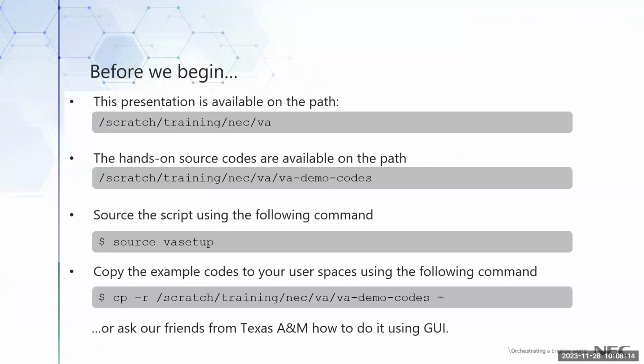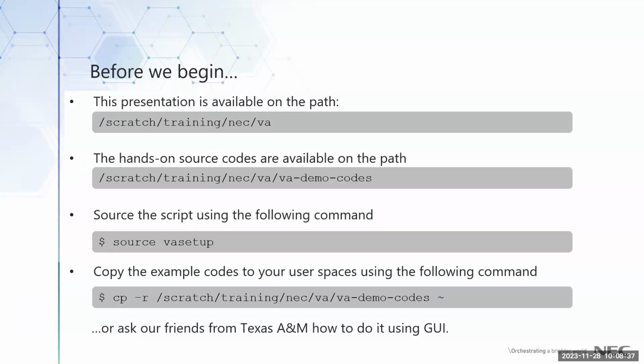Before we begin, there are some basic steps and some information. The slides that I'm presenting are already available on your ACES cluster, your user accounts. The path has been provided. The hands-on source codes that we will be running are also available.